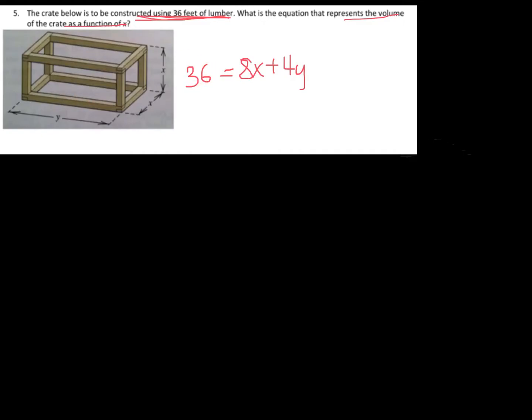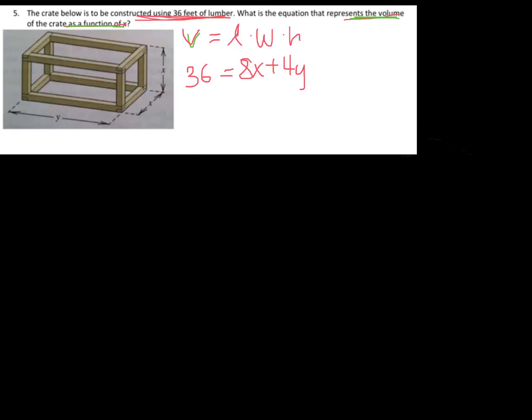And so now I can think about, okay, what am I going to do? How am I going to write an equation for the volume in terms of x? Well, first I think about what I know about volume. Volume is length times width times height, right?